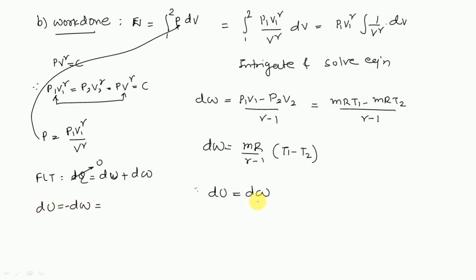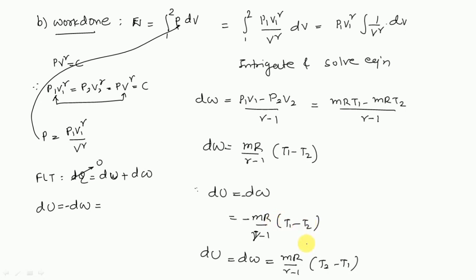So I can write this relation, dU = -mR/(γ - 1) × (T1 - T2). So finally we have dU = -dW = mR/(γ - 1) × (T2 - T1). How does it come? Here I change the minus sign, T2 - T1, minus common, so we get this final relation of work done and internal energy.